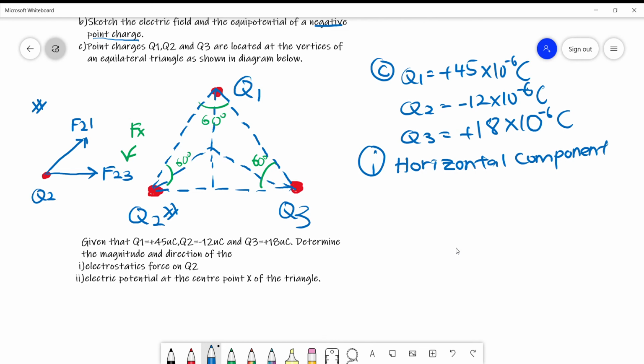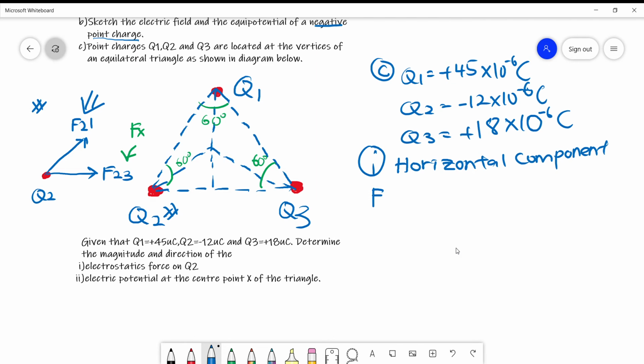So the problem is F21. F21 is a resultant force which consists of horizontal and vertical components. So we need to find the horizontal component for F21.